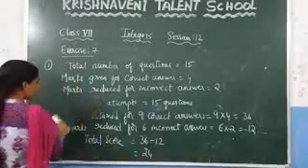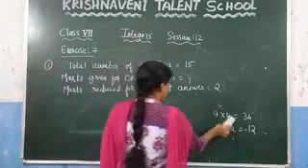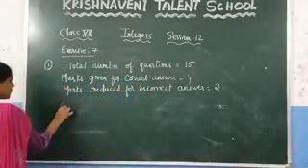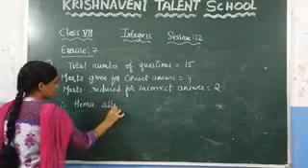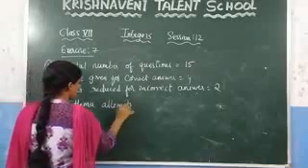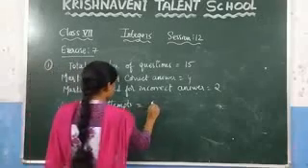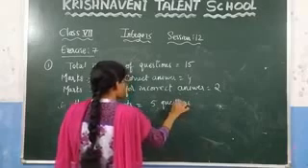Now, in the second question, the second one, Hema attempts. How many questions does Hema attempt here? They have given 5 questions. In that all questions are correct.